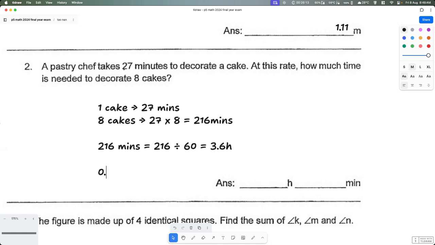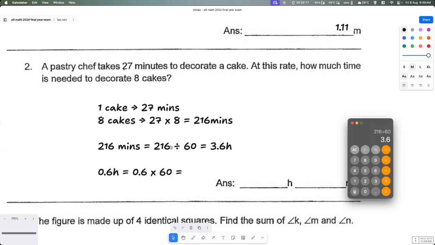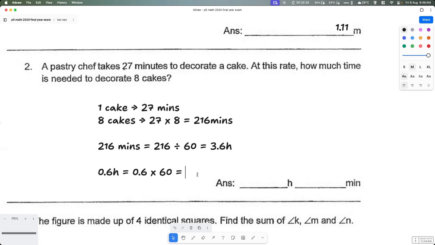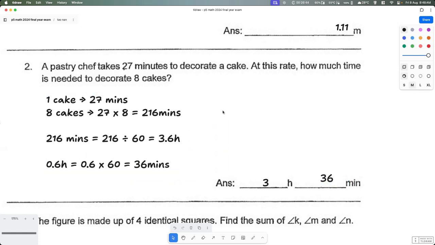So 0.6 hours is equal to 0.6 times 60, which is actually 36 minutes. So the answer to this is 3 hours and 36 minutes. There you go. Alrighty, let's move on to the next question.